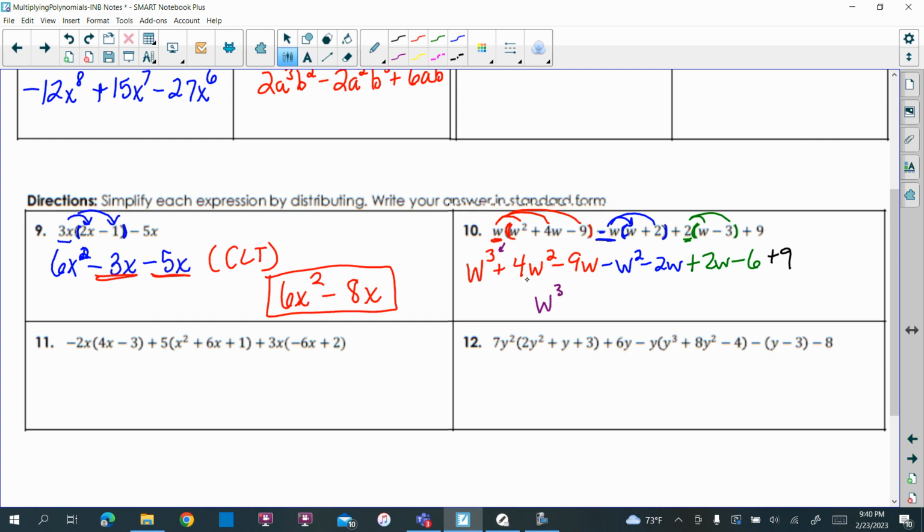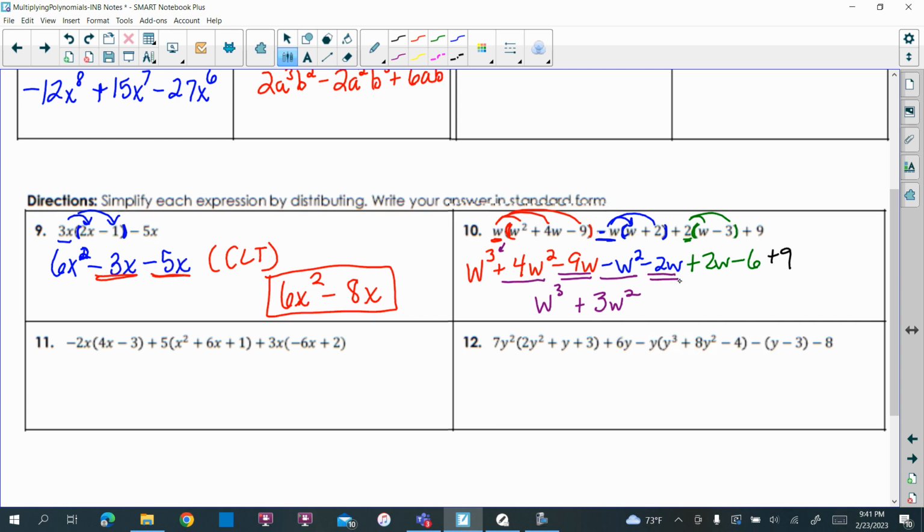Then the next highest is this 4w squared, and also minus w squared. So that's going to leave you with a total of 3w squared. Remember, we're going high to low for standard form. So the next one after that would be just the w. So I have a negative 9w, then minus 2w.